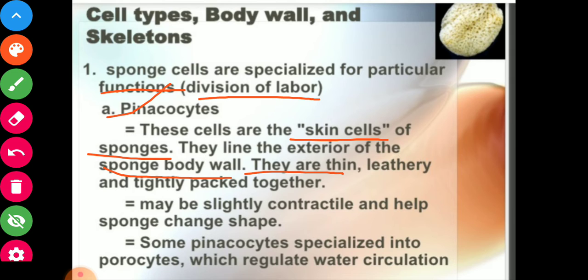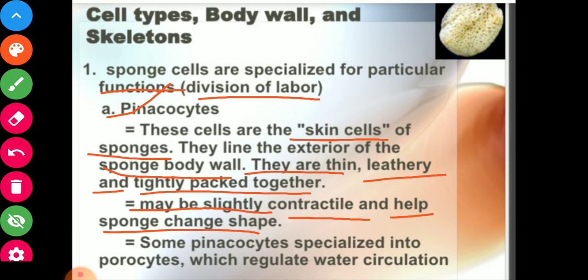They are thin, leathery, and tightly packed together, maybe slightly contractile, and help the sponge to change its shape. Some pinacocytes specialize into porocytes, which regulate water circulation.